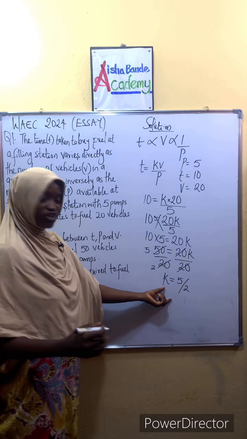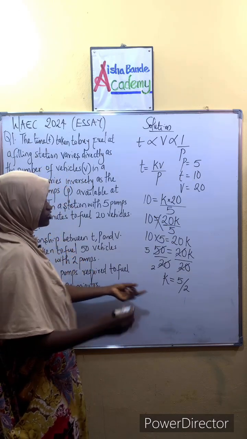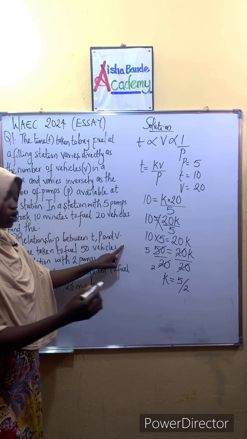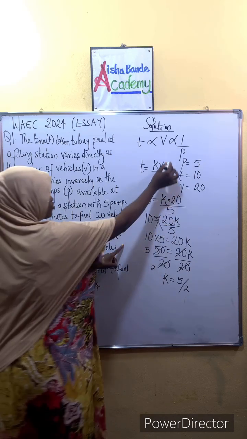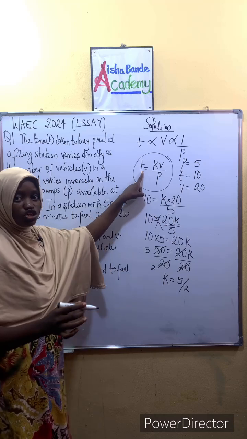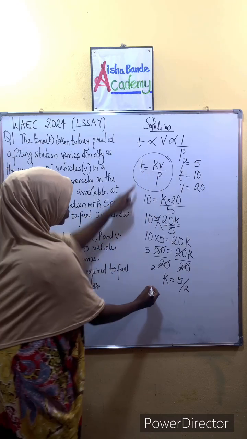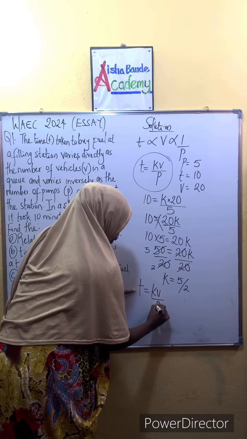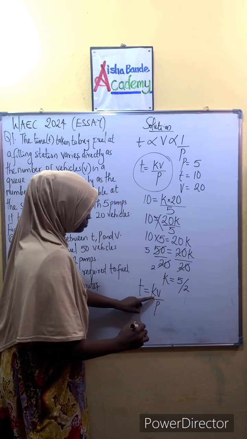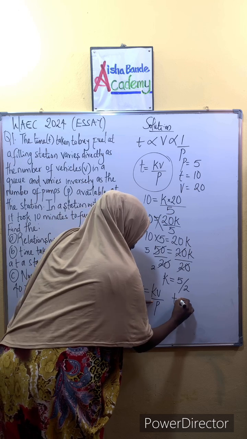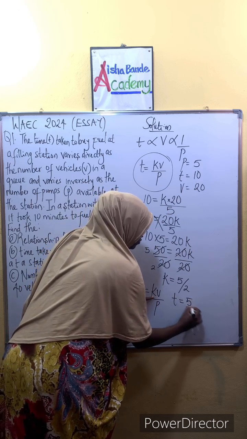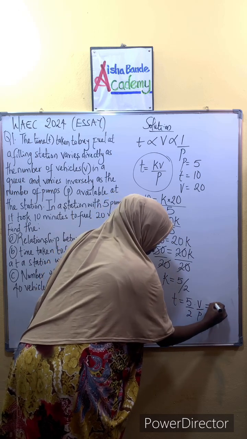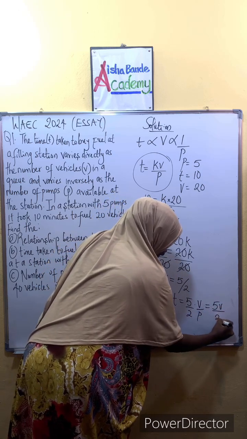Since we've gotten the value for K, the first question is asking us to find the relationship between T, P, and V. So all we need to do is to substitute the value of K to give us the relationship between the three variables. We come back here and say that T is equals to KV over P. Substituting the value of K, T is equals to 5 over 2 multiplied by V over P. This is the same as 5V over 2P.